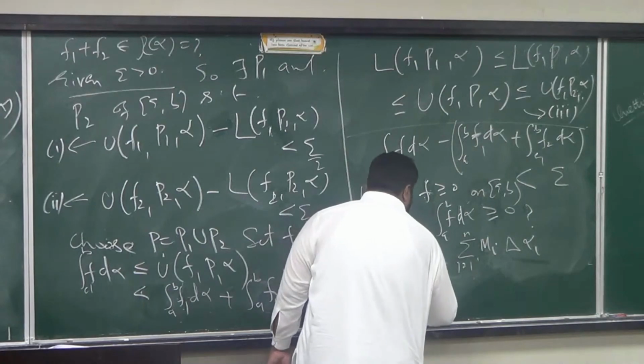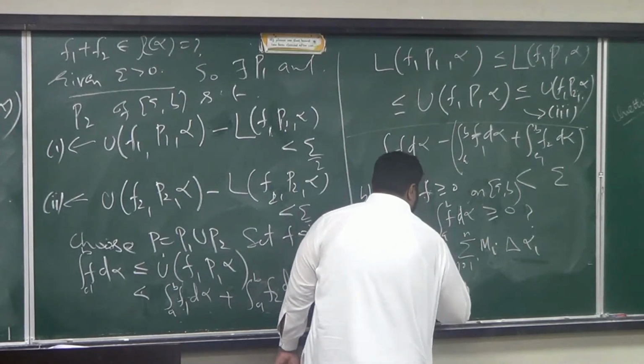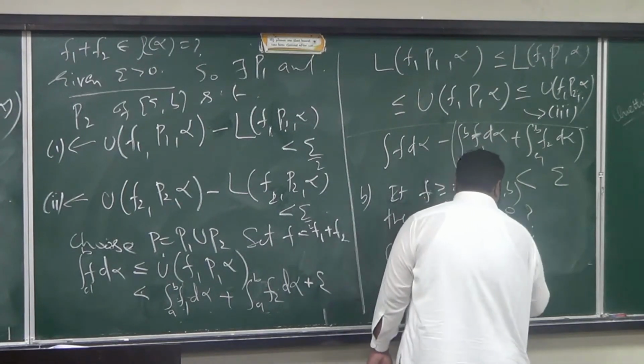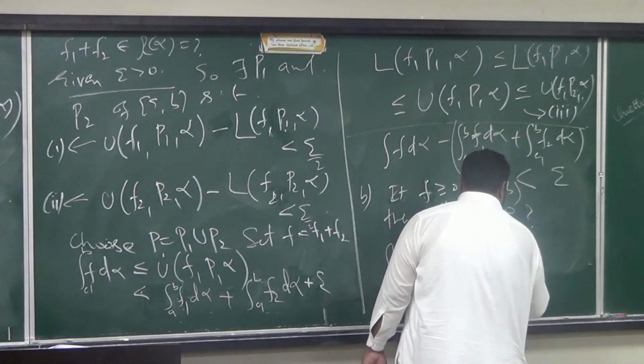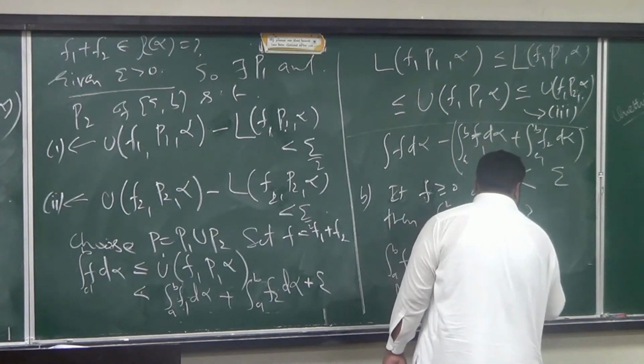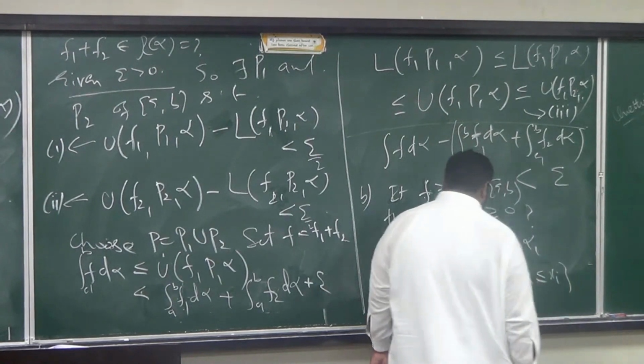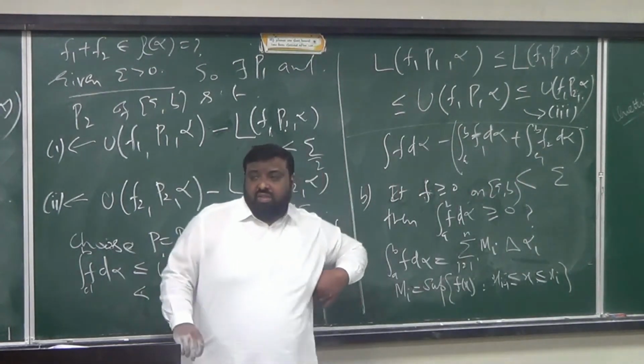Now think about m_i. m_i is what? It's the supremum of f(x) such that x is in [x_{i-1}, x_i].